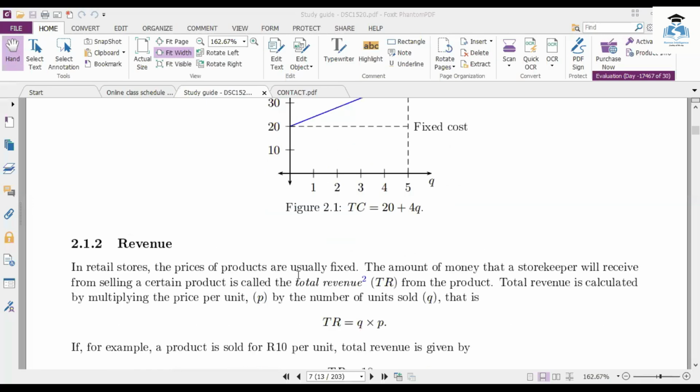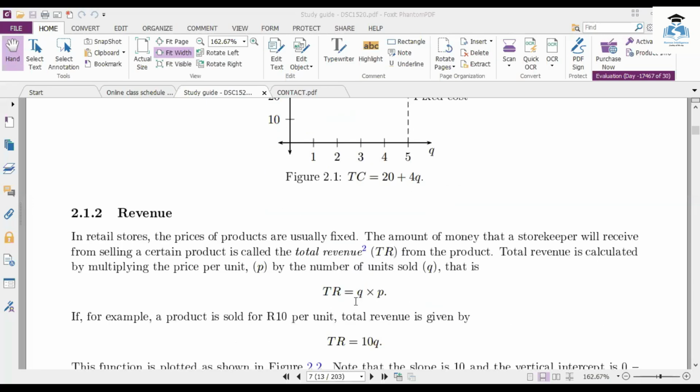Now, then revenue. Revenue is just, in a retail store, the prices of products are usually fixed. So the amount of money that a storekeeper will receive from selling a certain product is called the total revenue.